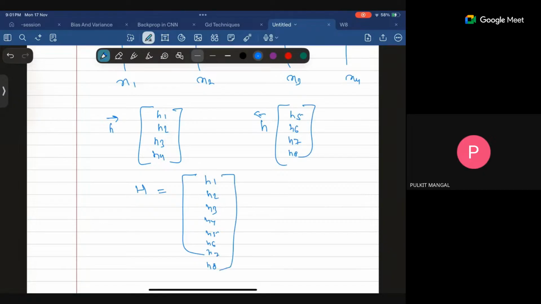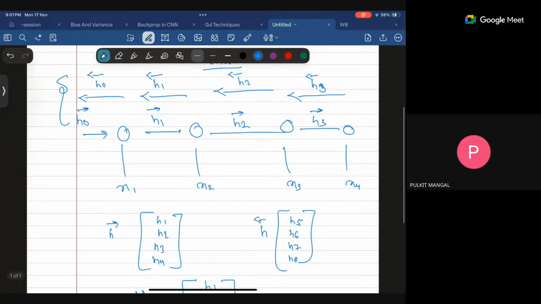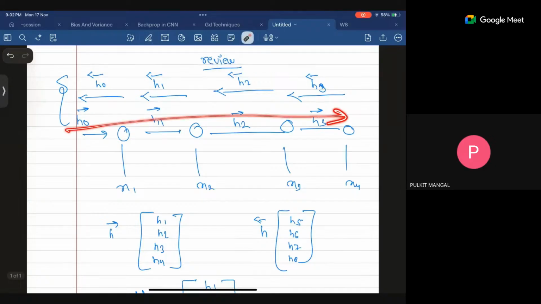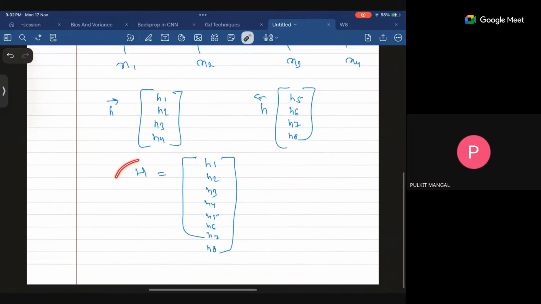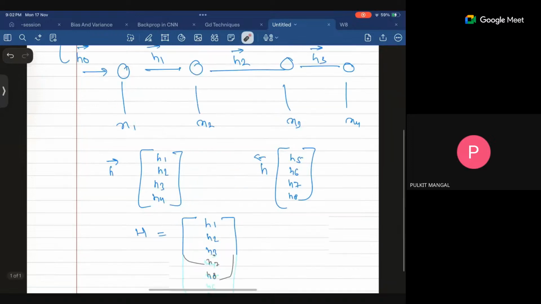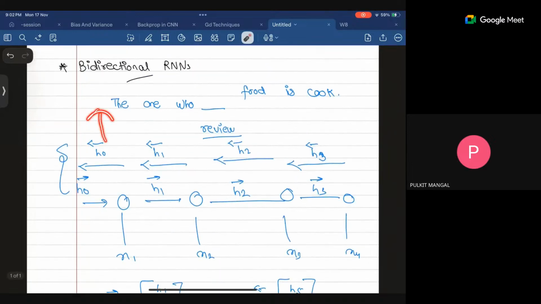This will be the concatenated form of my final hidden state, from the forward direction and from the backward direction. This is the hidden state that is going to be fed into the output layer. The output layer part remains the same.